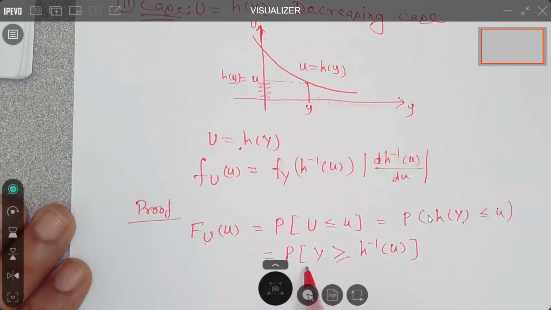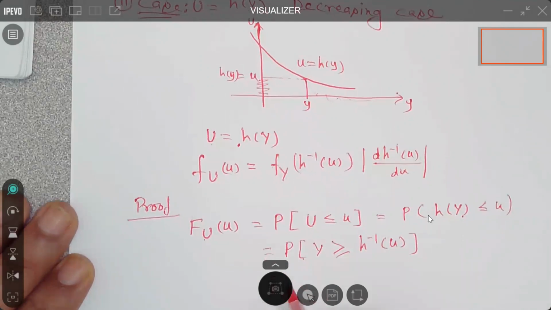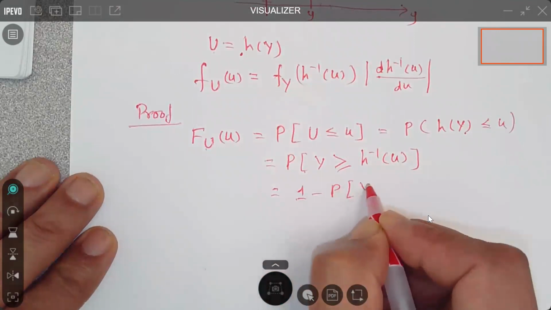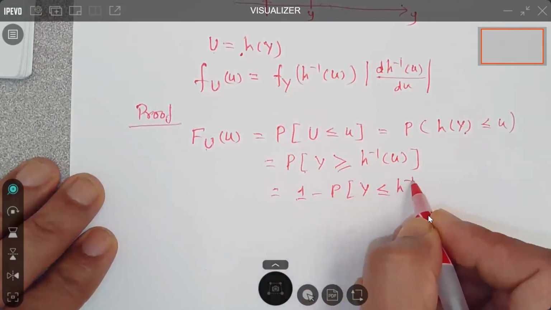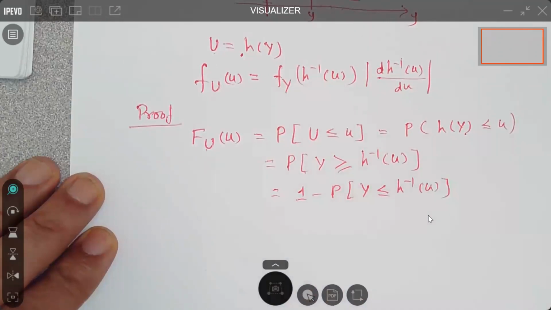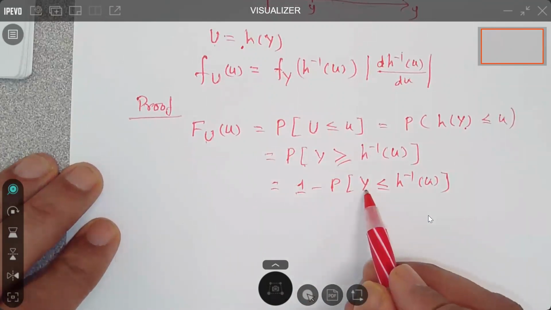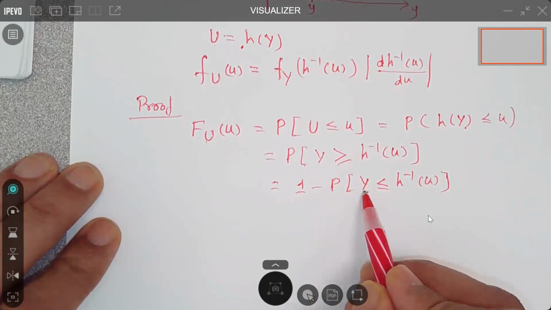Now, we want to convert this to the cumulative distribution function. So total probability equals 1, we take the complement. So this is equals to 1 minus the probability that Y is less than or equal to h inverse u. Now the random variable is Y here. Now apply the definition of cumulative distribution function.